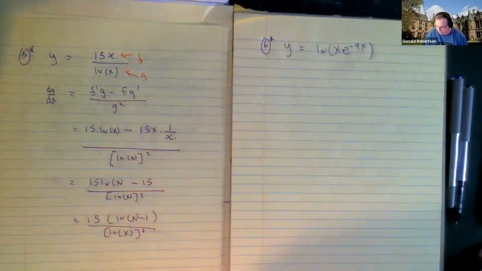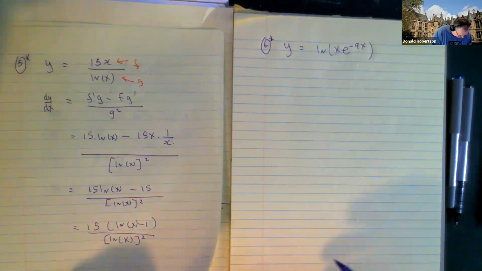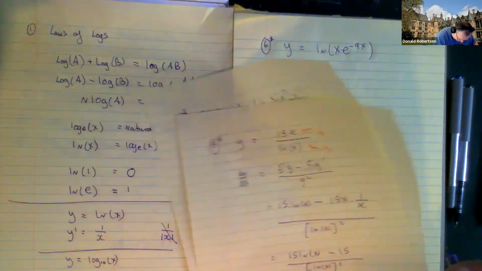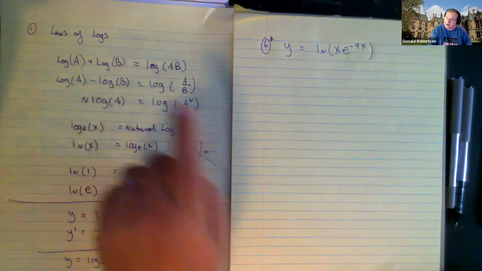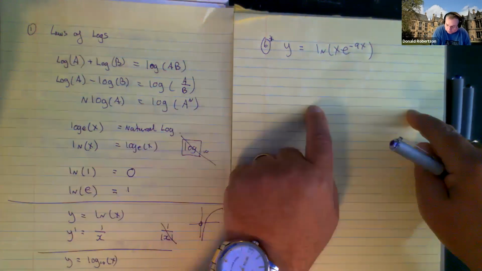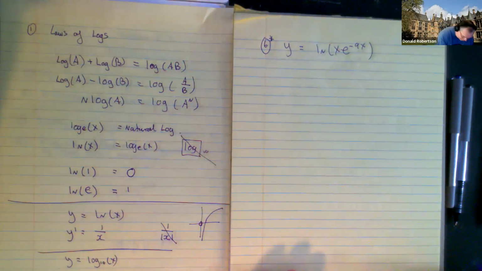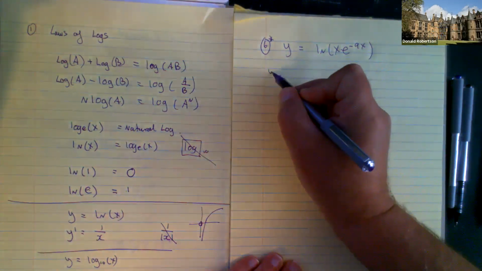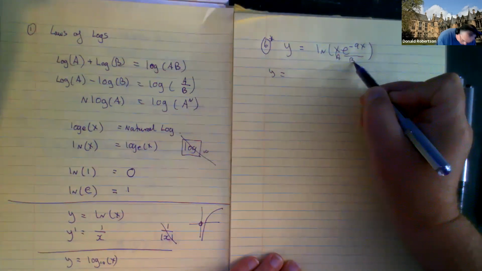I would screw up somewhere. Instead, I want to rewrite that guy using these laws into a much easier to differentiate thing. It might look bigger, which it will, but it will be easier to differentiate. So that's the advantage. If you think about this, isn't this like an A times a B? Isn't that 2 things multiplied?